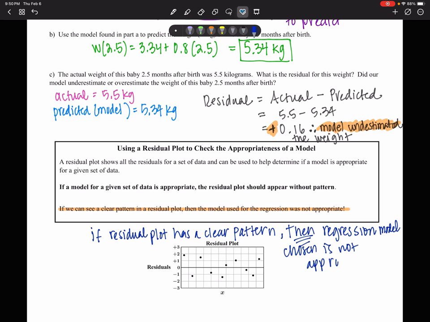You're used to looking at the R-squared value. We are going to look at residuals to see whether or not a regression model is appropriate.